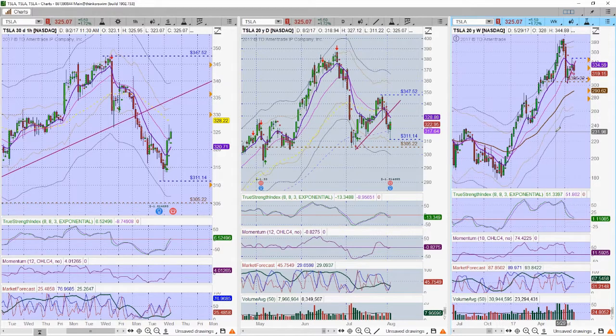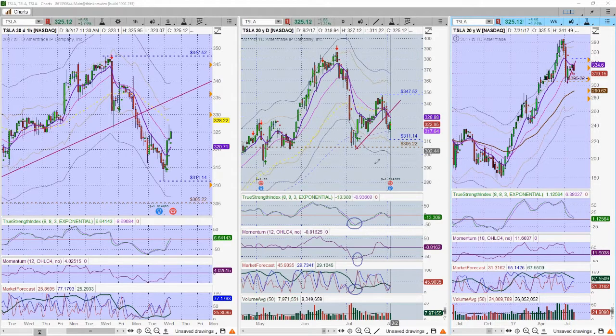That's our takeaway. So then several weeks later, when we hit it again, that can tell us be ready to trigger into a potential trade here, especially when the convergence of clues are telling us through the TSI, through the momentum, and also through the market forecast that we may be getting ready for a reversal.